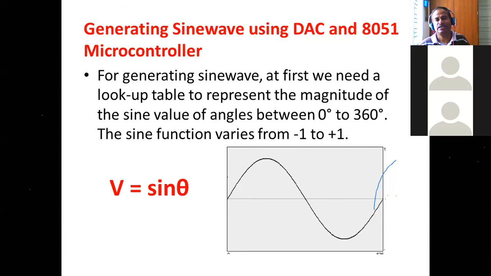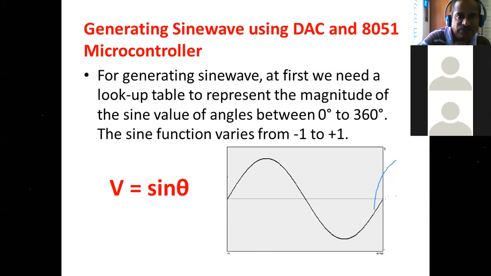For every addition of 30 degree, we use a value V. Means we get exact 12 values. Okay, for each 30 degree, from 0 to 360, we get 360 divided by 12, which is 30. So we get 12 different readings, different values of V.